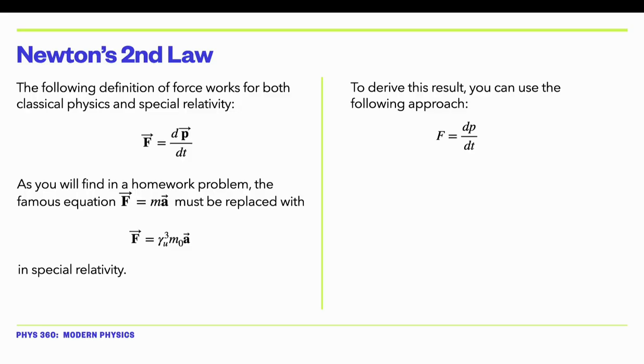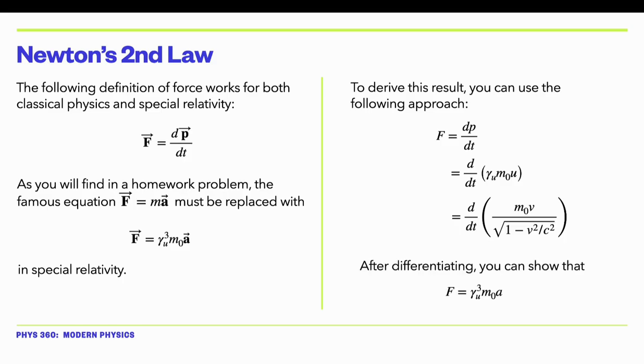The way that you would approach that would be to start with, again, F equals dp/dt, plug in for the momentum, gamma m times the velocity, plug in for what the gamma factor is, and you get this expression that depends on velocity. When you carry out the derivatives, you can show this result. It's fairly straightforward, just taking that derivative.